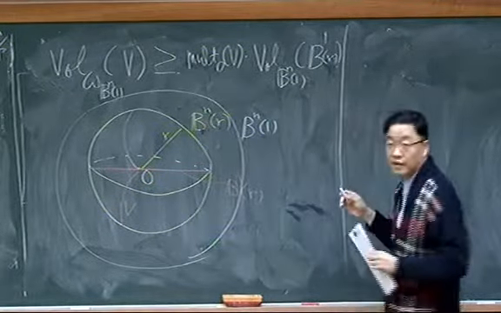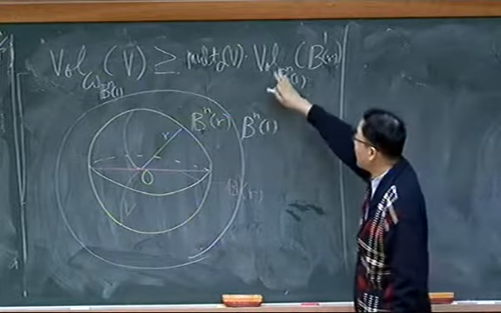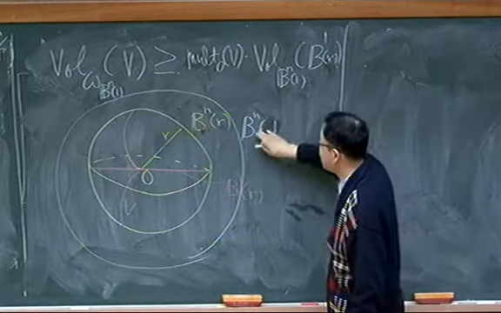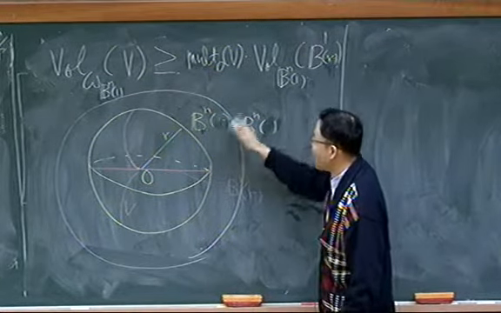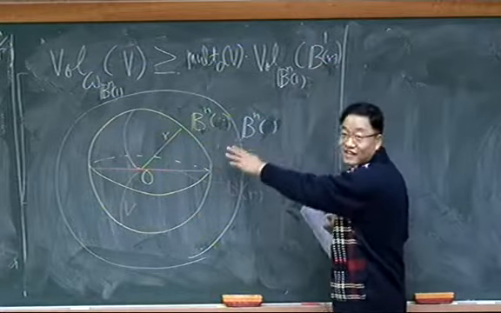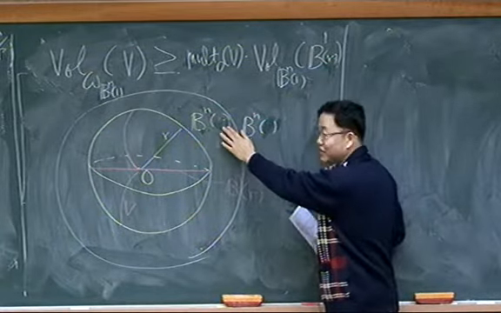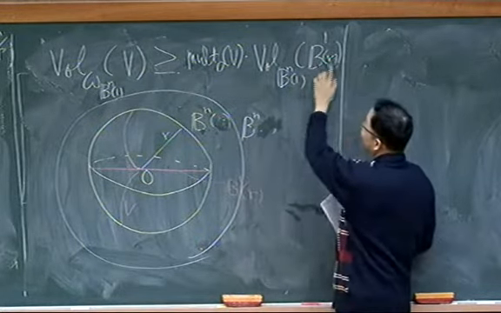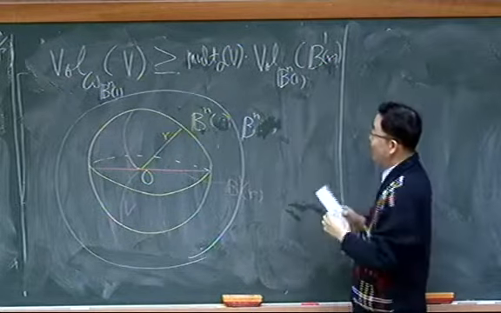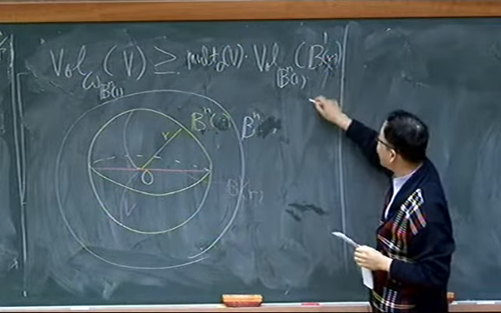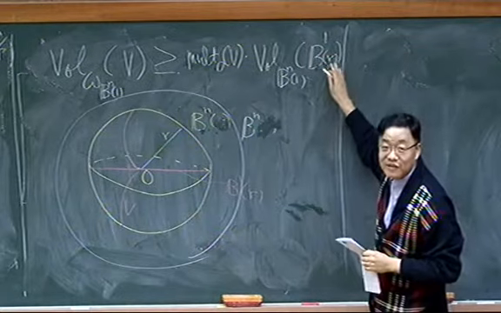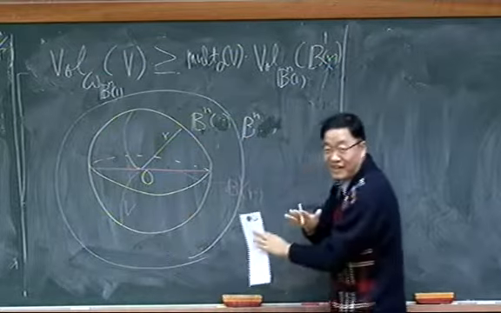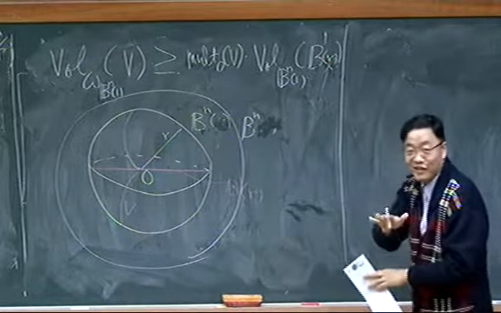Here R is the hyperbolic radius, so I have to change the notation. This is the unit ball, and B_R here can have R bigger than 1, because B_1 has infinite hyperbolic radius. Maybe later I will tell you more.